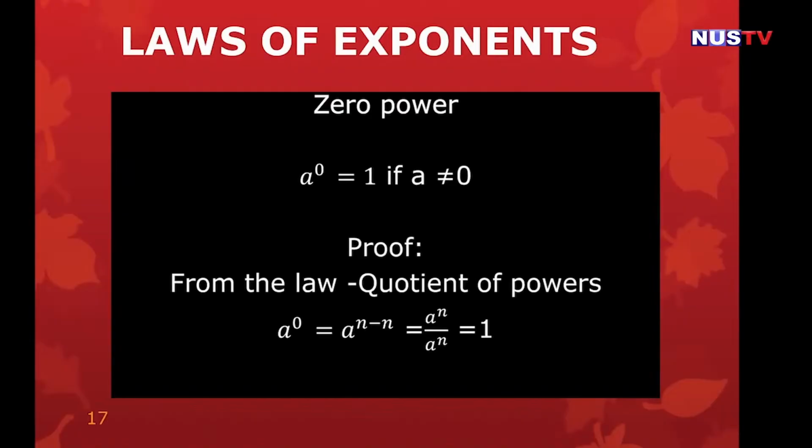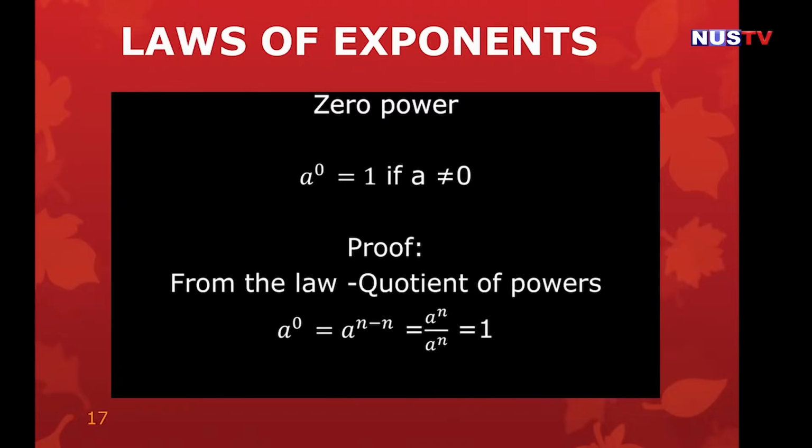Moving on, our next law of exponent is zero power. Remember, you always see this. They always say a to the power of 0, or anything to the power of 0, is equal to 1. That's provided a is not equal to 0. So if a is not equal to 0, you can say a to the power of 0 is equal to 1. The proof comes from the law of quotient of power.